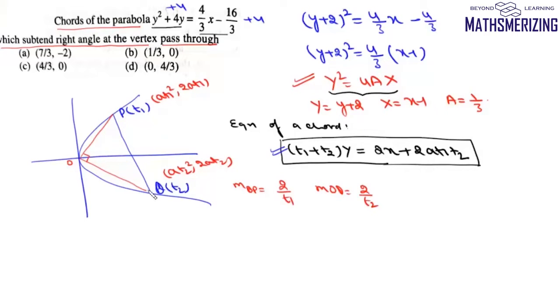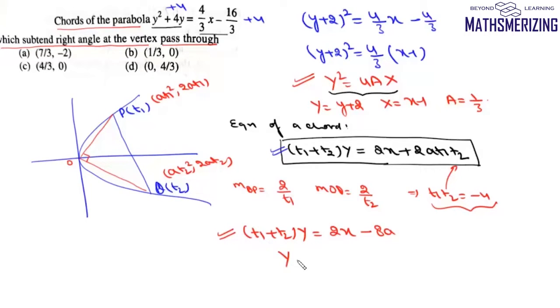Now since OP and OQ are perpendicular, the product of slopes is minus 1. So from here we can say the value of t1 t2 is simply minus 4. So we'll put the value of t1 t2 here and write (t1 plus t2)y equals 2x minus 8a.